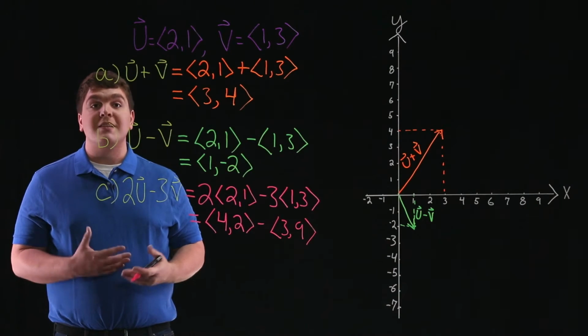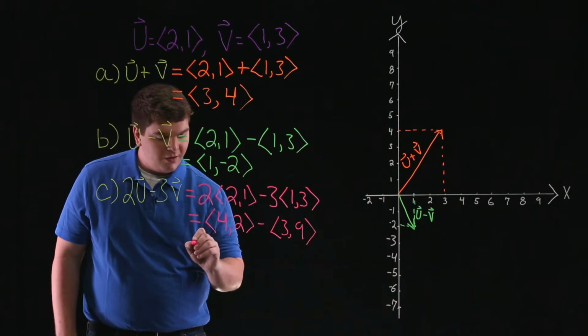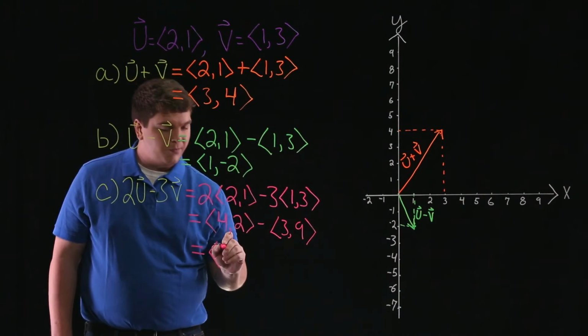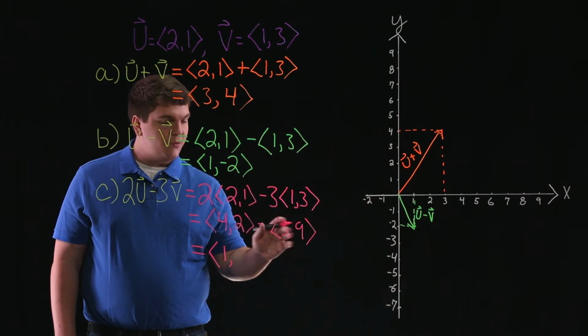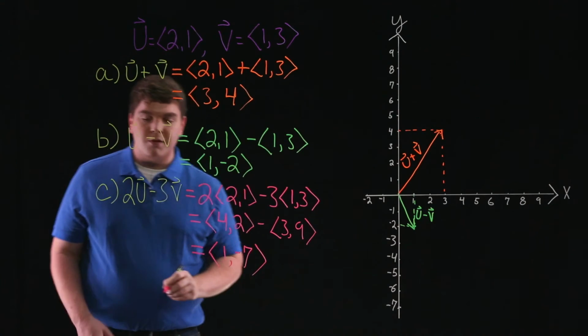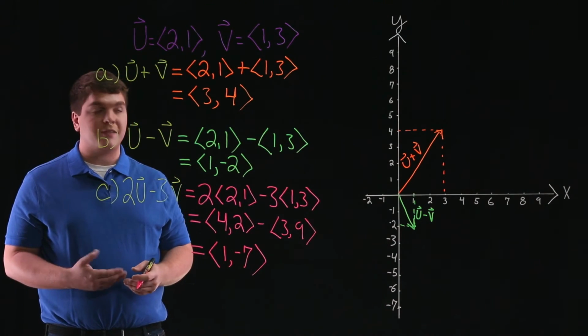Now finding this difference is exactly the same as finding the difference of the two vectors in part B. And what we're left with is the vector 4 minus 3, which is 1, and 2 minus 9, which is negative 7. So the vector 2u minus 3v is the vector 1, negative 7.